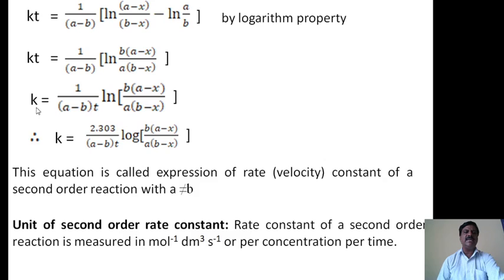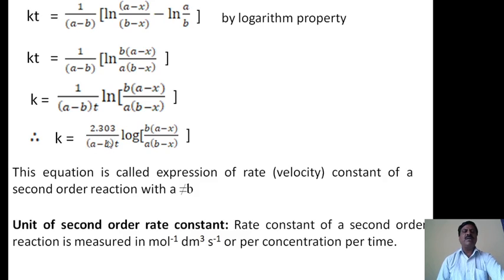Therefore we will get k is equal to 1 divided by (a minus b) t ln of b into (a minus x) divided by a into (b minus x). Therefore k is equal to 2.303, because we convert the natural logarithm into common logarithm for calculation purposes, by multiplying 2.303.